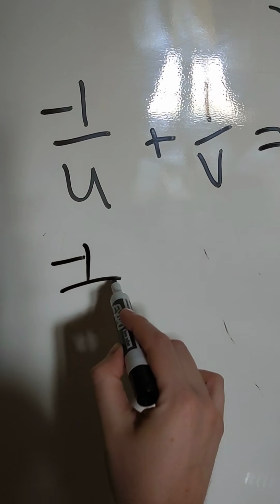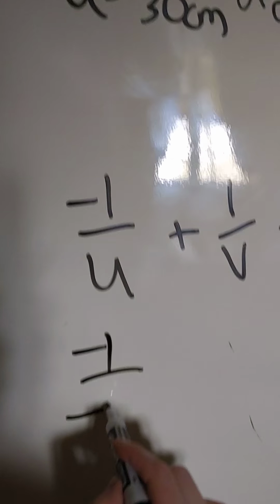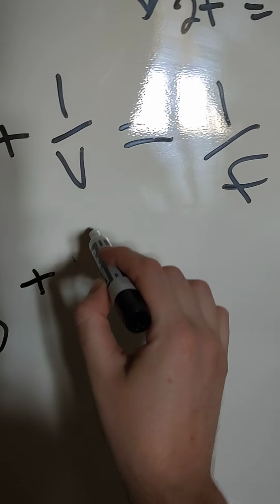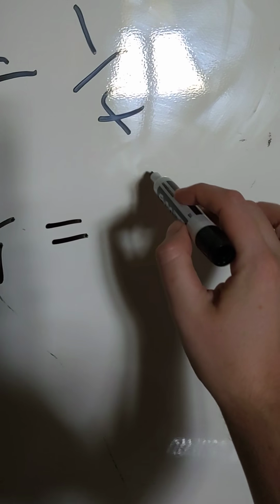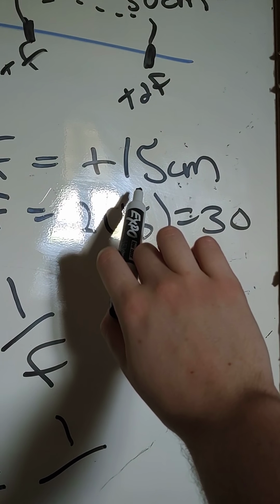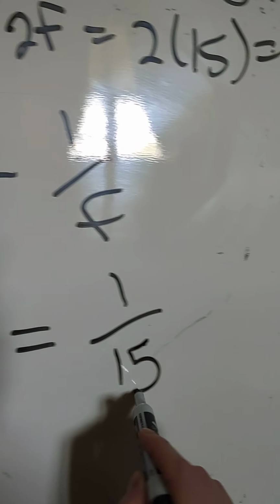We know that U is on the left side, so it is a minus 30. We know that we're looking for V, which is image distance, equals 1 over, and we know that F is a positive because we were told that focal length is positive. It's over here on the right, so it's a positive 15.